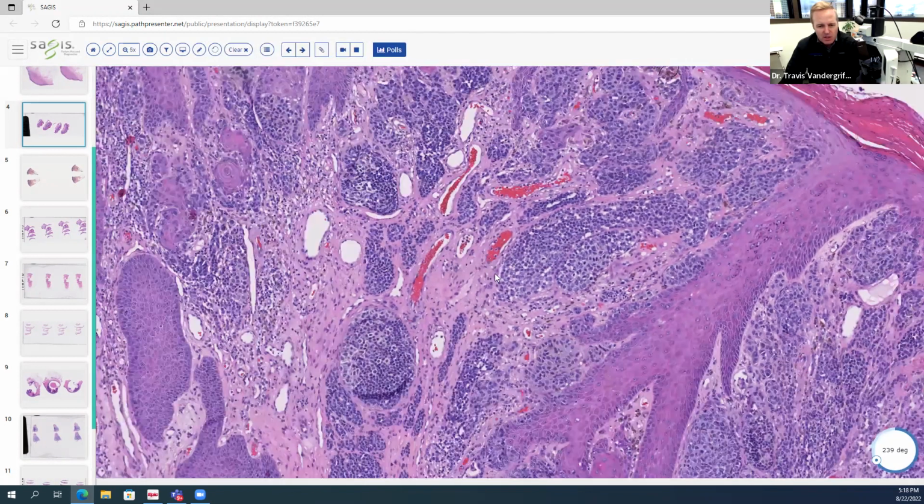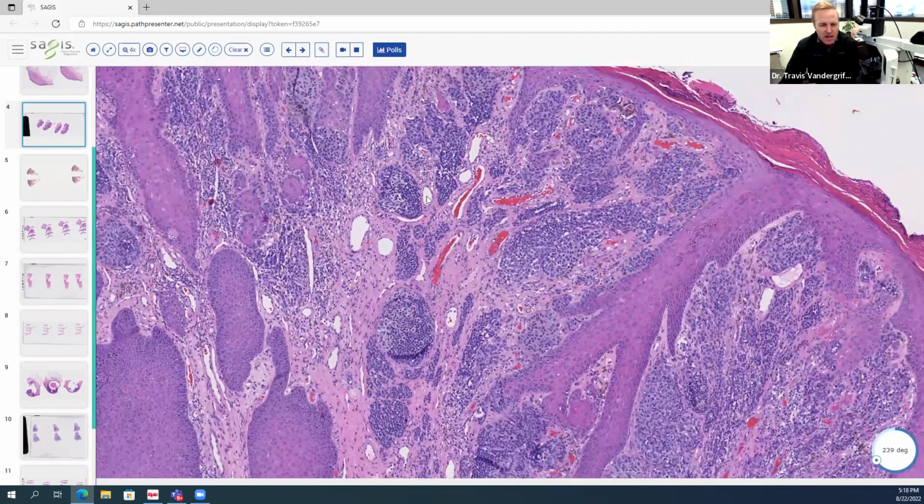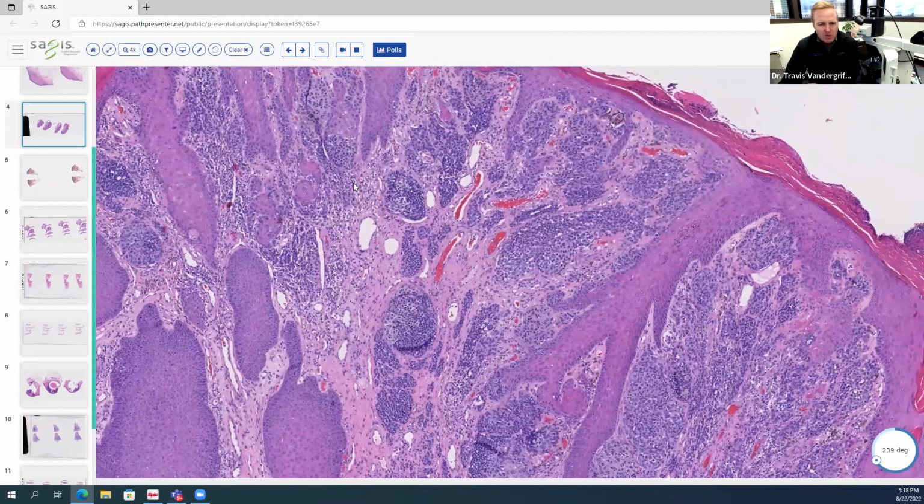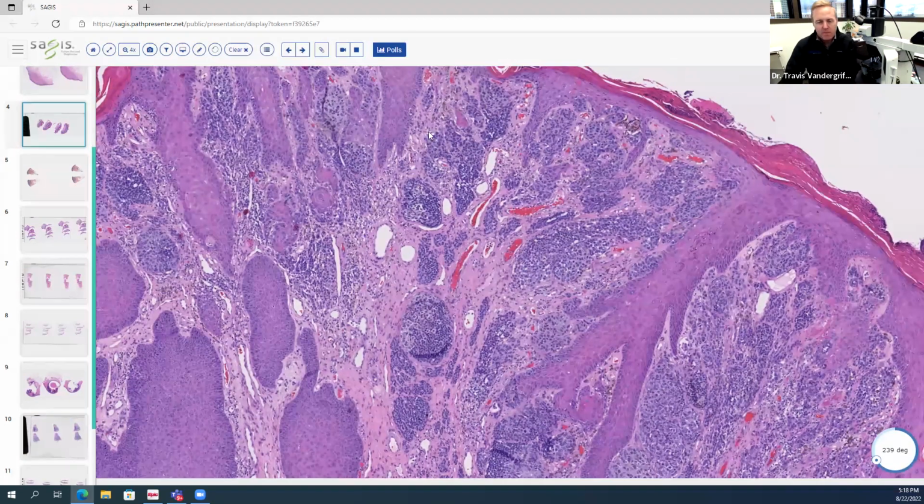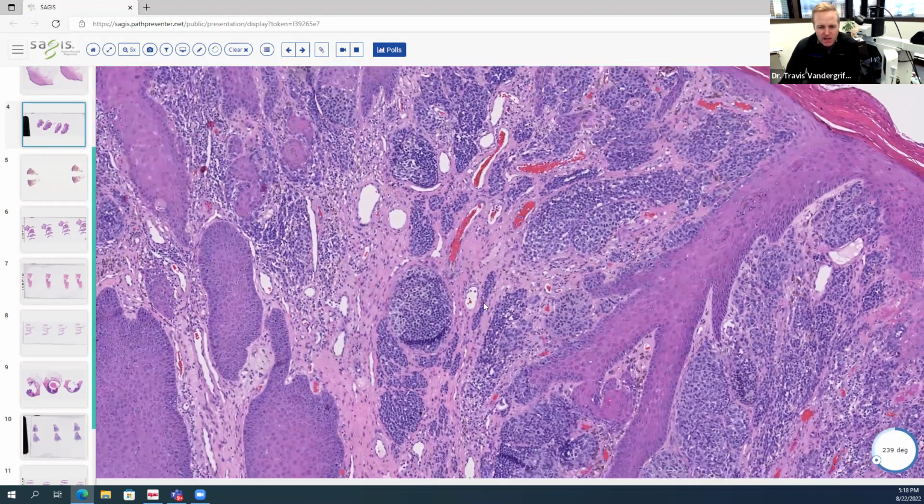Maturation is a process of architectural change in a nevus, where in the superficial part of the nevus, the melanocytes are larger, they have more abundant cytoplasm, and then as you go deeper into the reticular dermis, the melanocytes become smaller, more dispersed and less nested, and there are also fewer melanocytes per unit area. That's maturation. We're not seeing that process here.